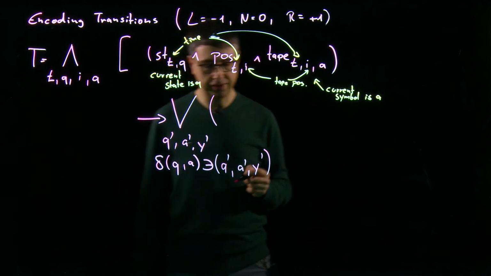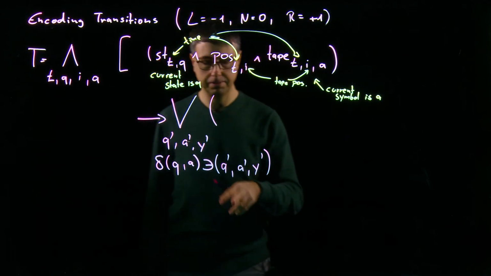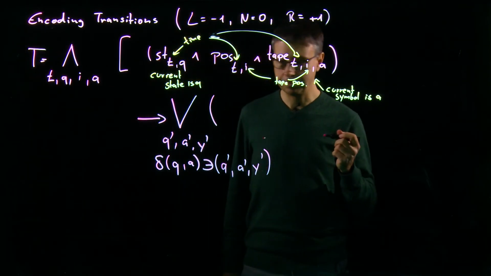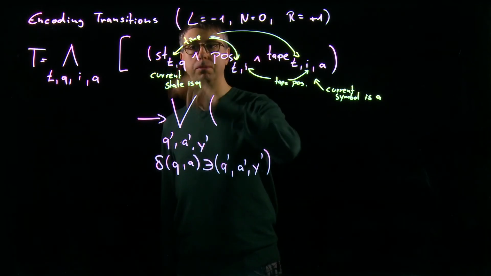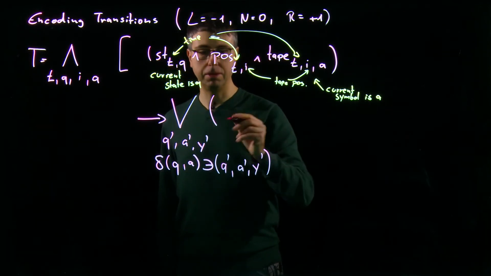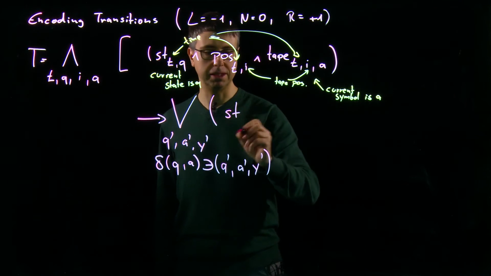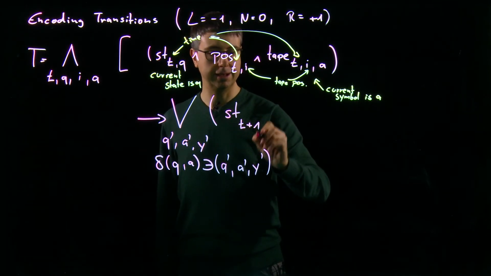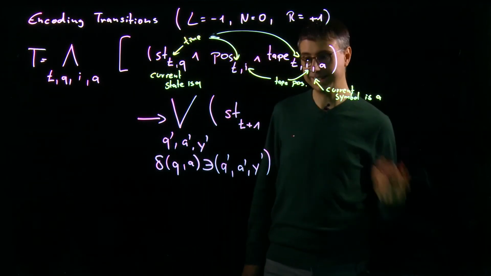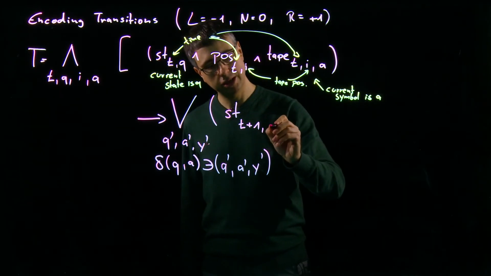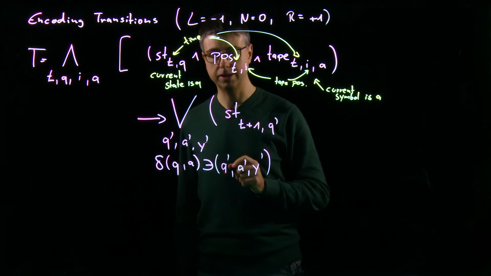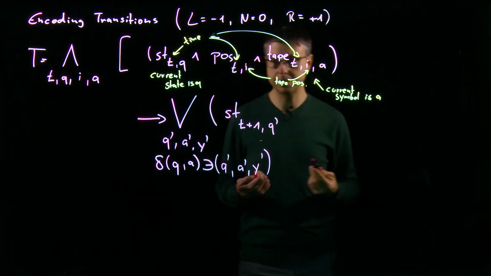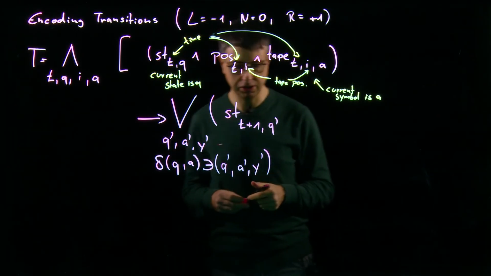And now we specify that the successor state is, of course, Q prime. So at time t plus 1, in the next step, the Turing machine must be in the state Q prime, which is the chosen successor state for this possibility.